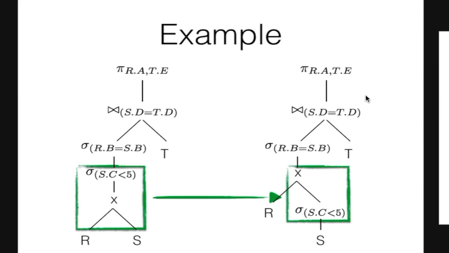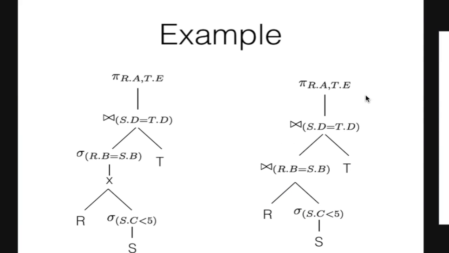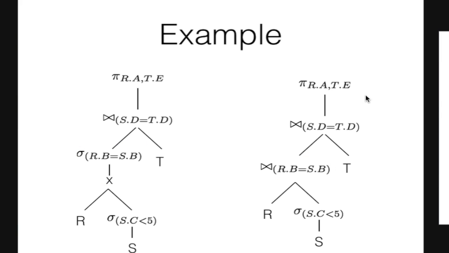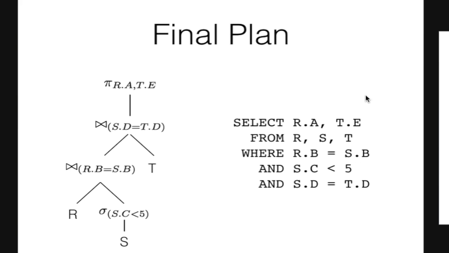Now we can push the selection on S.C into the right-hand side of the cross product. We can turn the cross product into a join, and we've come up purely by using little local rewrites on this tree. We've gone from a really expensive plan, a complex but easy to translate plan, into something that's way, way more efficient to evaluate.